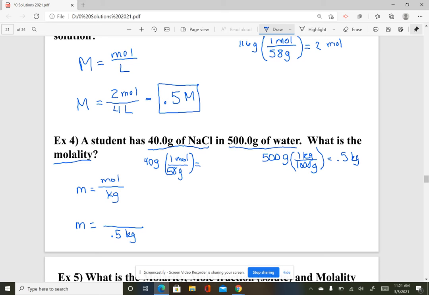So I need to think about what is 40 divided by 58. 40 divided by 58 equals 0.69 moles. So now I could plug that in on top. And when I divide by 0.5, I get 1.4 as my molality.